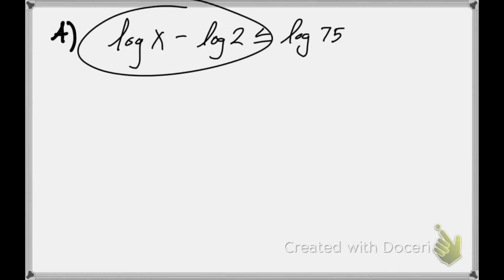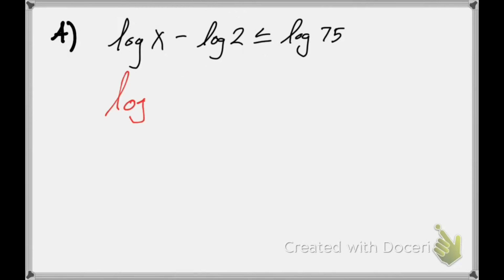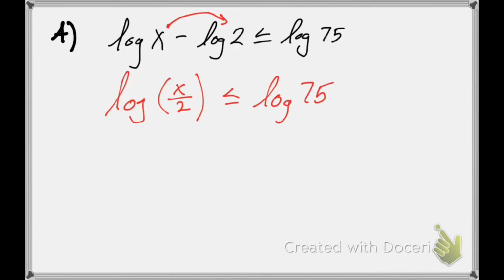Well, remember when we have subtraction using our logarithms, it's the same thing as dividing. So I can rewrite this as log of x over 2, as I divide those two. It's going to be less than or equal to log of 75. Now what we can do next is raise everything to, since the base is 10, I can take 10, make that the base, and it's raised to this, like so.